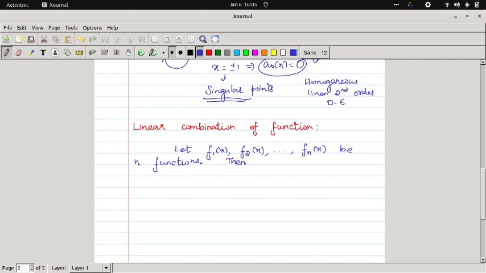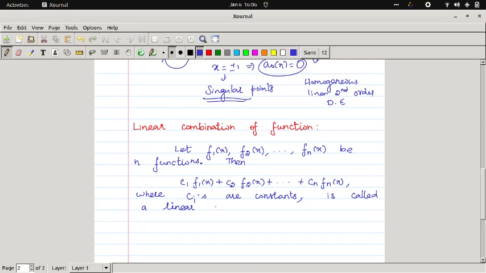Then C1 f1 of x plus C2 f2 of x and so on, plus Cn fn of x, where the Ci's are constants, this term is called a linear combination of the given functions.